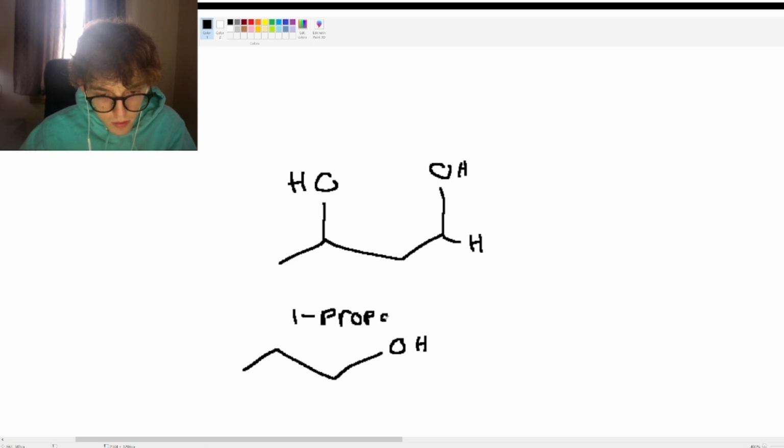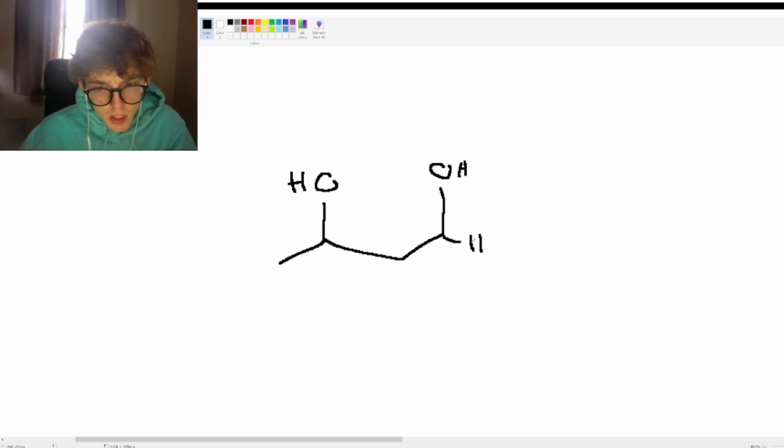But if we have a diol, it turns out we would name this differently. The carbon chain is 1, 2, 3, 4, so that's butane. And we have 2 alcohol groups in positions where we want to make the numbers as low as possible.